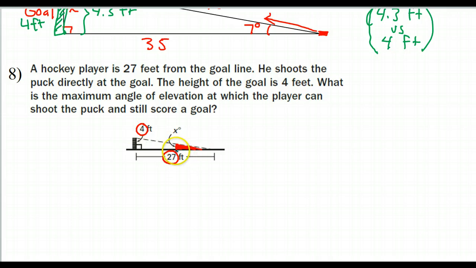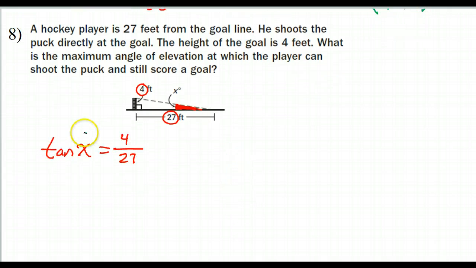Which trig function is this? Well, it's still the tangent function. 4 is opposite, 27 is the adjacent leg. So we will be doing tangent of x, because we don't know it, equals opposite over adjacent. So that's 4 over 27.